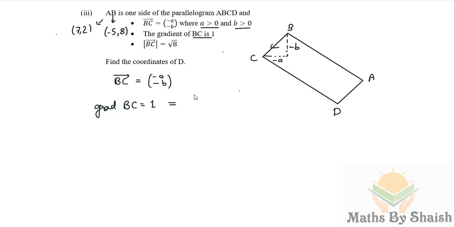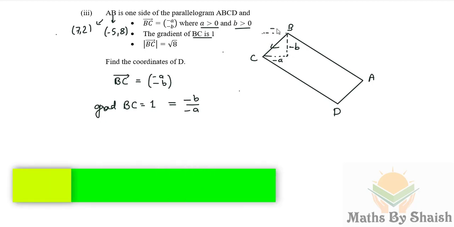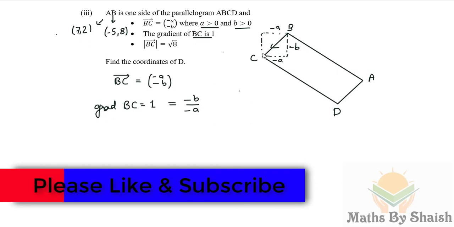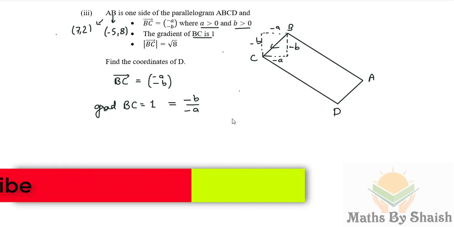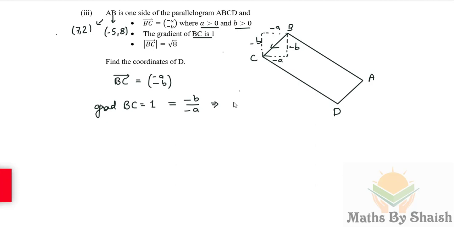So the gradient becomes minus b over minus a, and that is given as 1 because that's the gradient, rise upon run. So we can understand it this way, because we go back by minus a and come down by minus b. That's the vector BC. So from here we can see that a is the same as b, or minus a is the same as minus b.